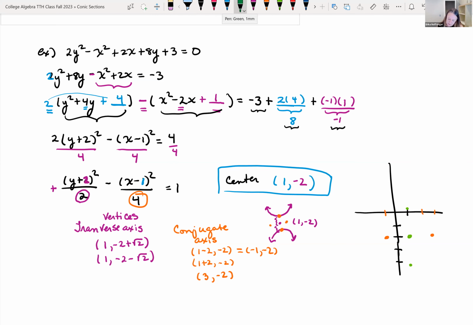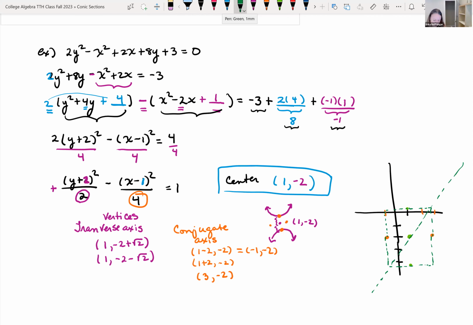So let's make a box with those vertices on the transverse and conjugate axis. Let's make our asymptotes by going through the diagonal in the center.